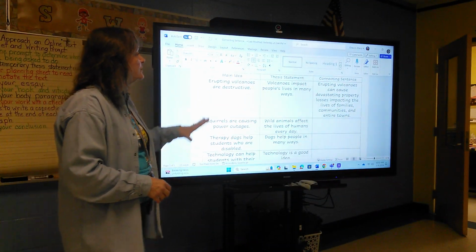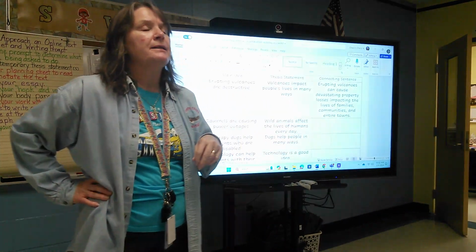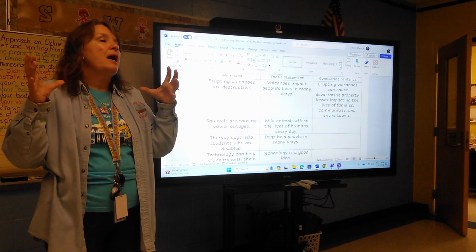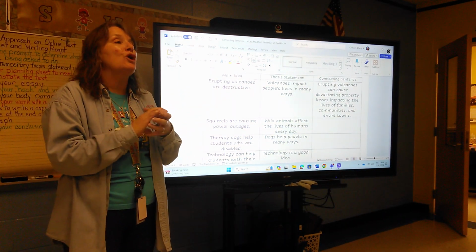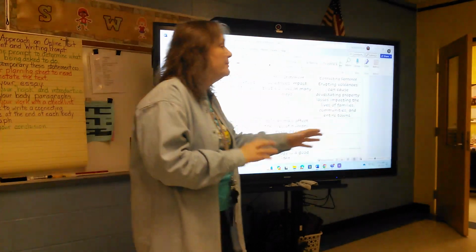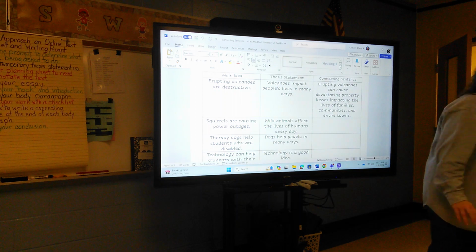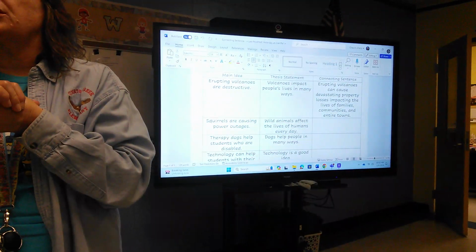All right, so one of the biggest challenges when we write an essay is meeting the rubric element that talks about cohesiveness. That's a big word, but basically being cohesive means that it sticks together.